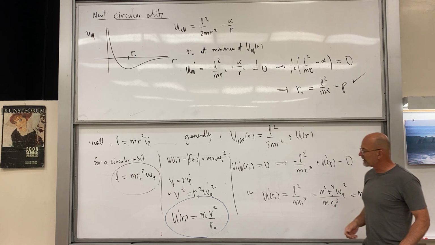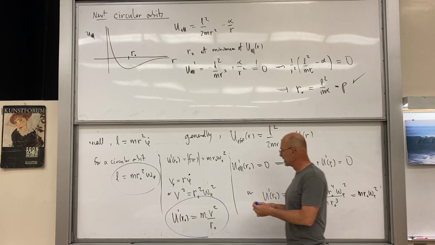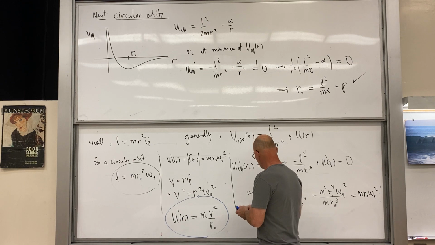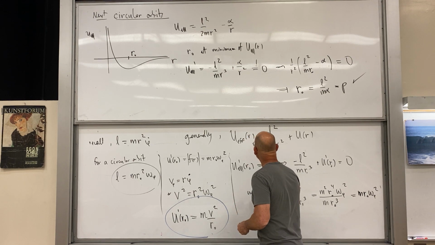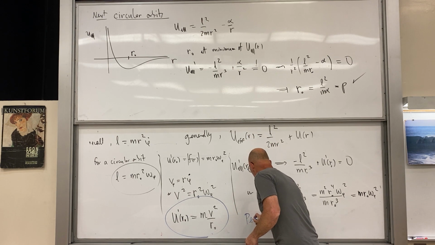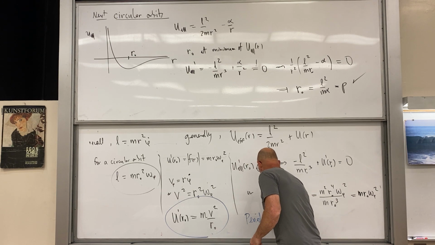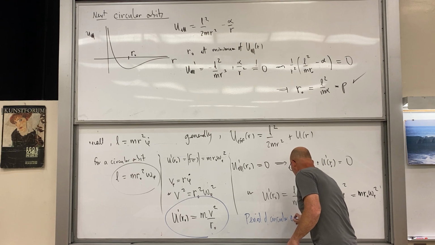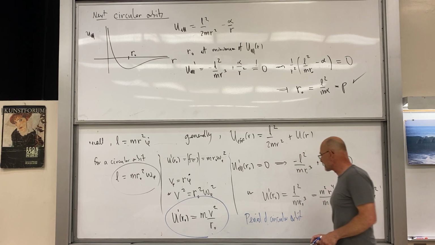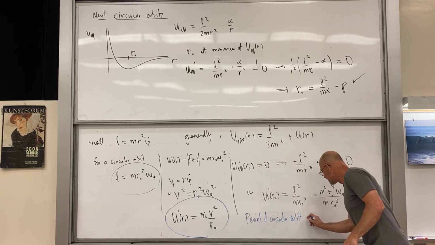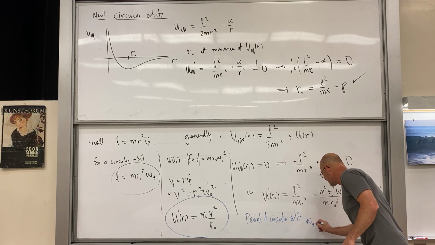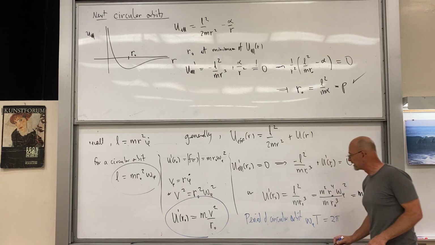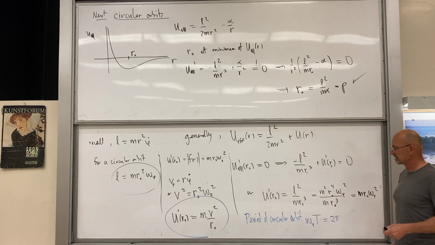And if you need the period of the circular orbit, I'll finish that off right here. Period of the orbit. This is nothing you have to memorize. You know that omega sub phi T is equal to 2 pi.